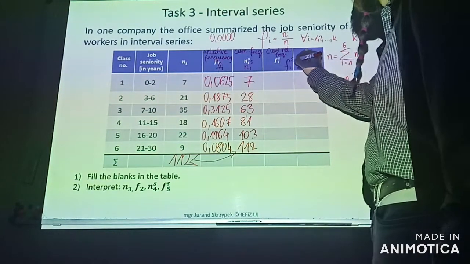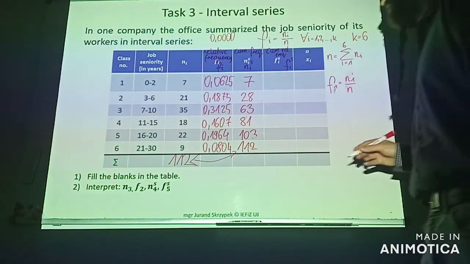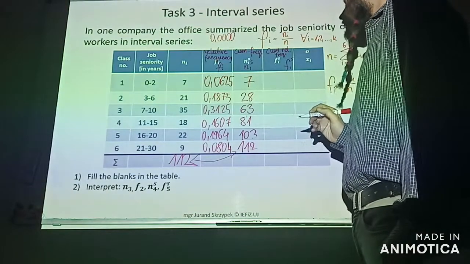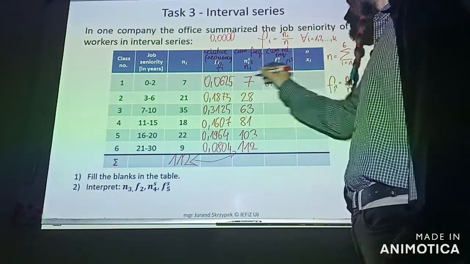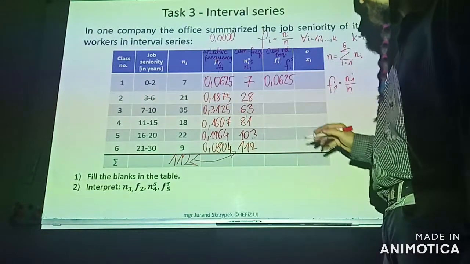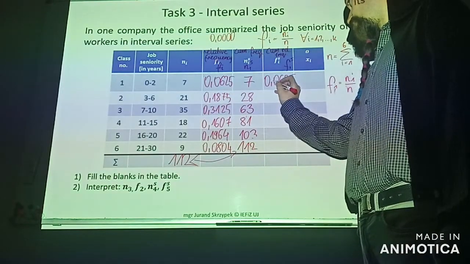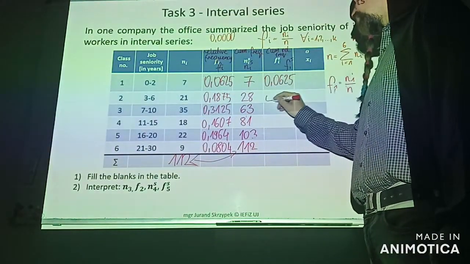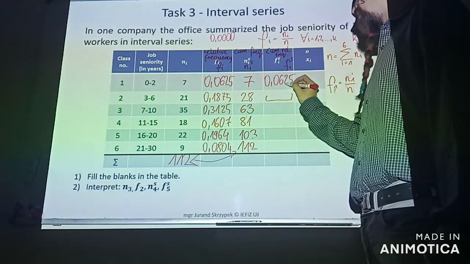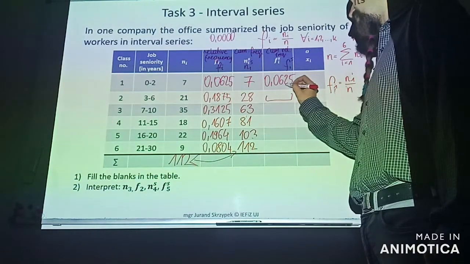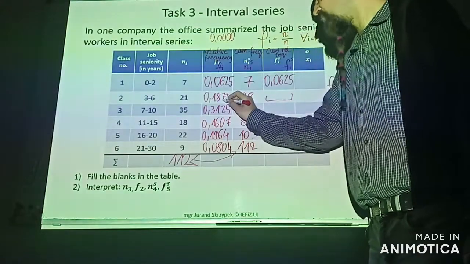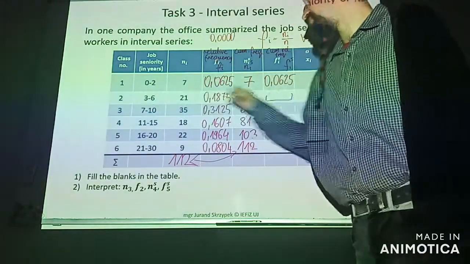Now we have cumulative relative frequencies. So the first cumulative relative frequency equals the first relative frequency, so we rewrite this value. And after that, how to obtain the next value? We sum the previous cumulative relative frequency and the actual relative frequency from the same class.